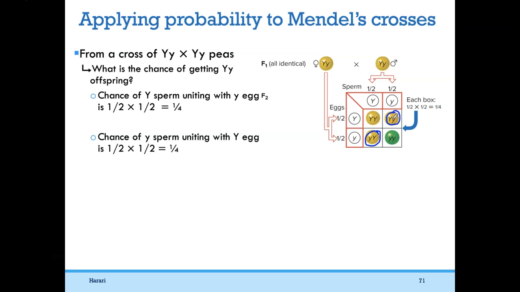That's also 1/4. So the chance of either happening is 1/4 plus 1/4, which is equal to 1/2. And that, of course, represents the 1/2, or the 2 out of 4 that will be big Y, little y.